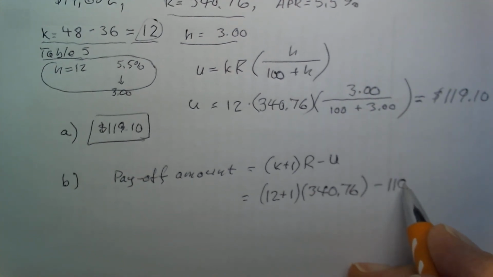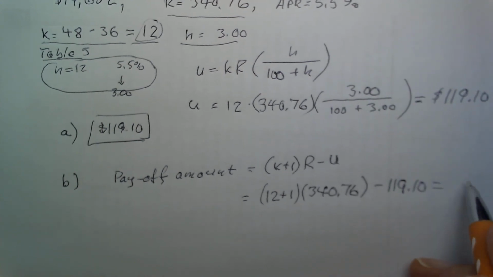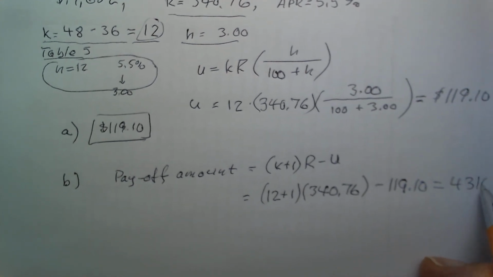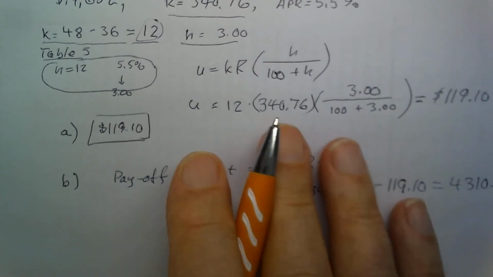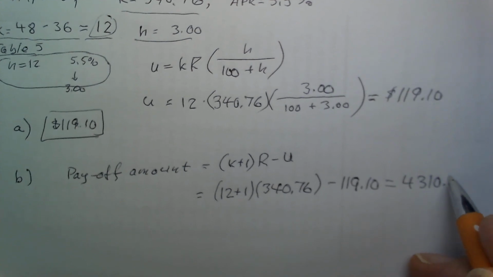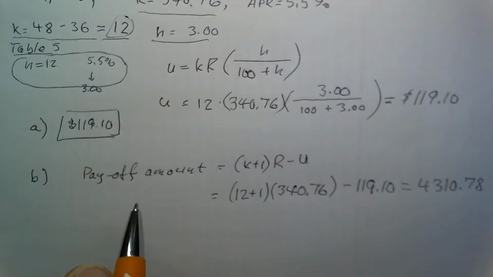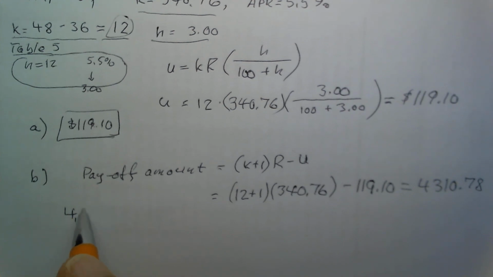You pay off the unearned interest amount, and that's equal to $4,310 and 78 cents. So the answer for B is 4,310.78.